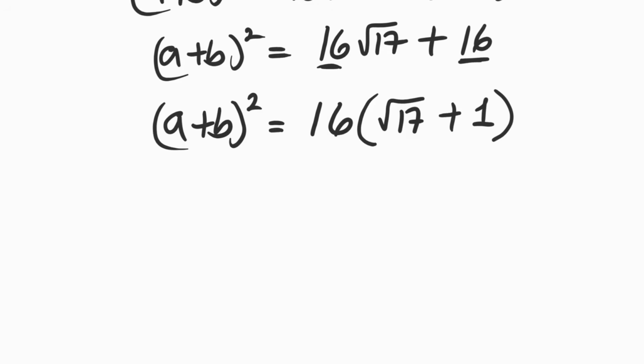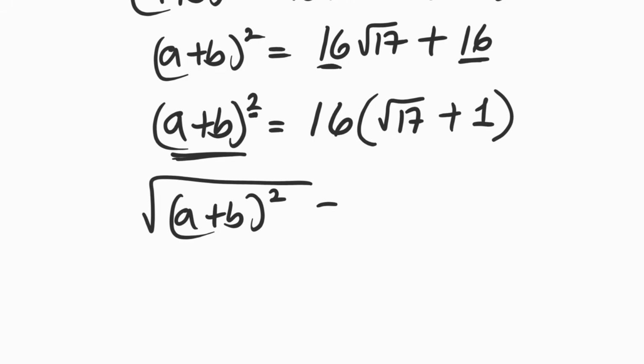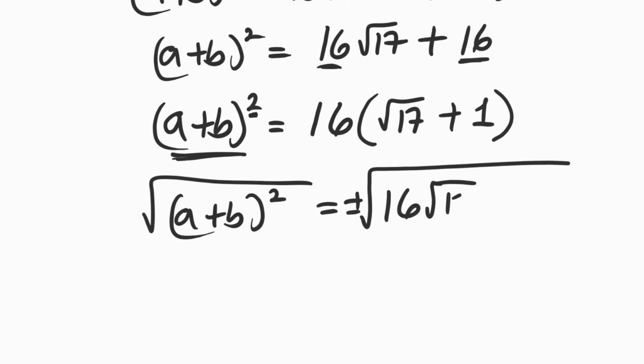Now, to find a plus b, we need to get rid of this square, and that is by applying square roots. So now we have the square root of a plus b all squared equals plus or minus the square root of 16 times root 17 plus 1.